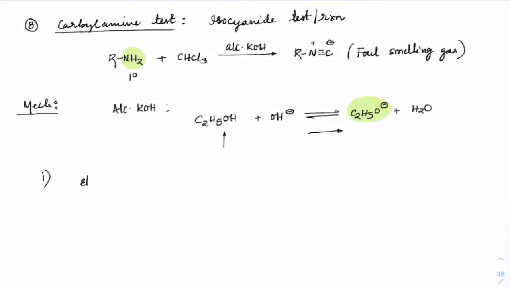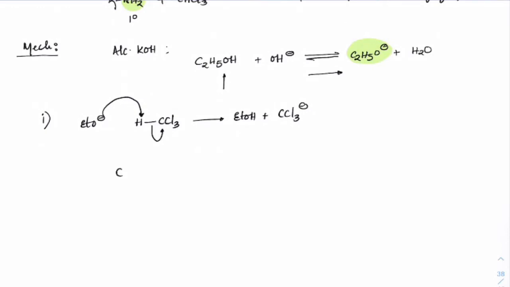Step 1: EtO minus is treated with chloroform, CHCl3, and extracts the proton, becoming EtOH plus CCl3 minus. Check out CCl3 minus. Because of its geometry, it becomes unstable.